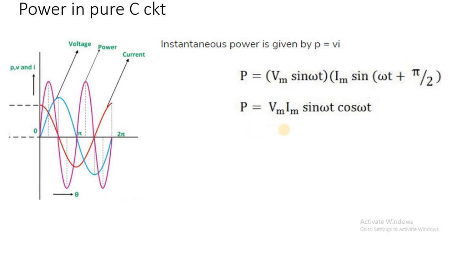Again I will take 2 in the numerator in multiplication and 2 in the denominator. So we write Vm Im divided by 2, that denominator 2 I will write as root 2 into root 2, and here I will write 2 into sin omega t cos omega t. That 2 times sin omega t cos omega t term I will replace by sin 2 omega t.